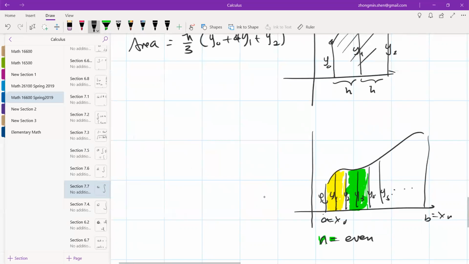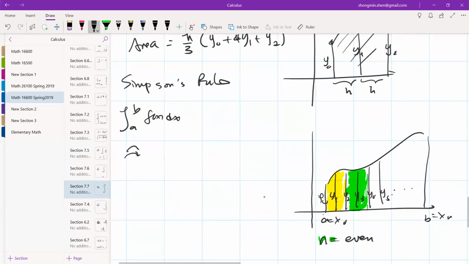So the integral of the function. Okay, let's write down Simpson's rule. How do you estimate? The sum of those areas is over pairs. So h is going to be delta x, so it's 1/3 delta x.